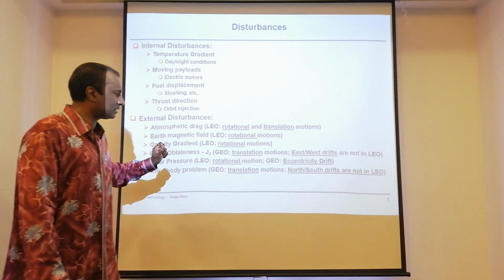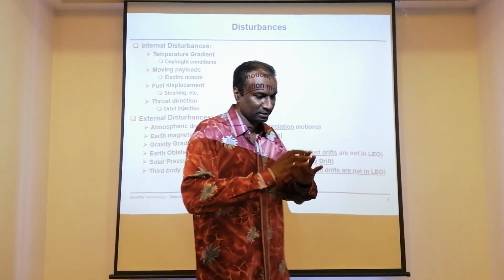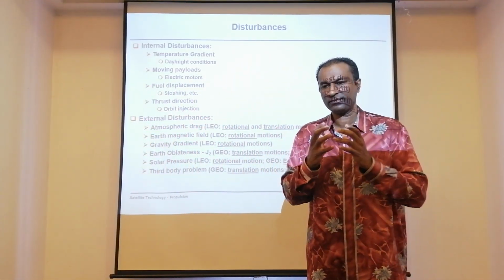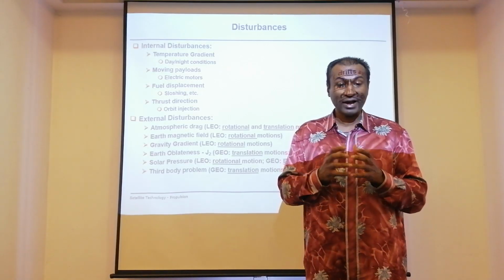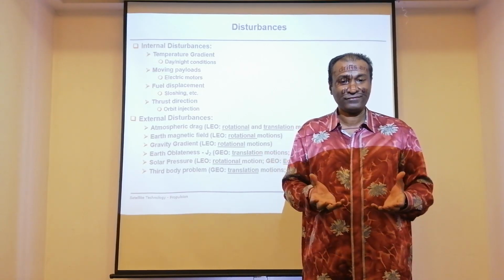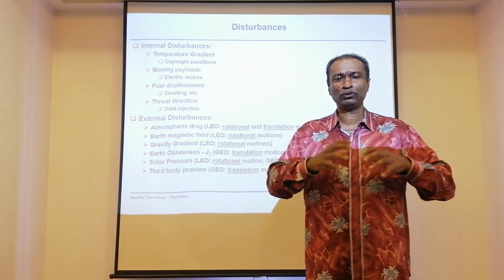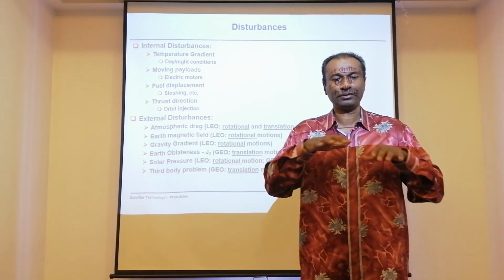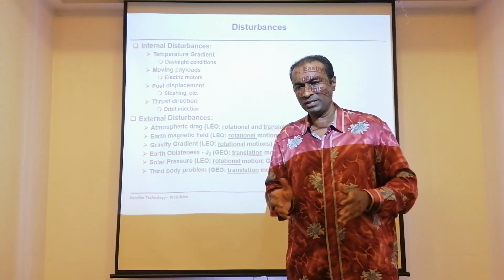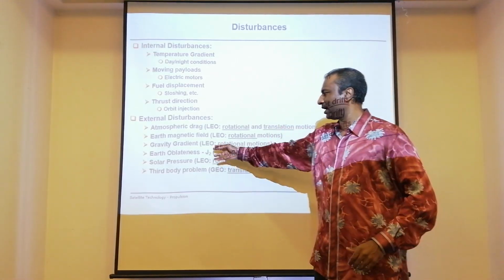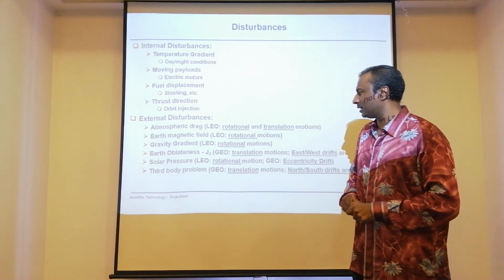Earth oblateness, you will treat this in space mechanics in detail. It means that the Earth is not a perfect sphere. When it's not a perfect sphere, and you have a gravitational field, the pull towards planet Earth is not always constant. Because of that, you have Earth oblateness problems.